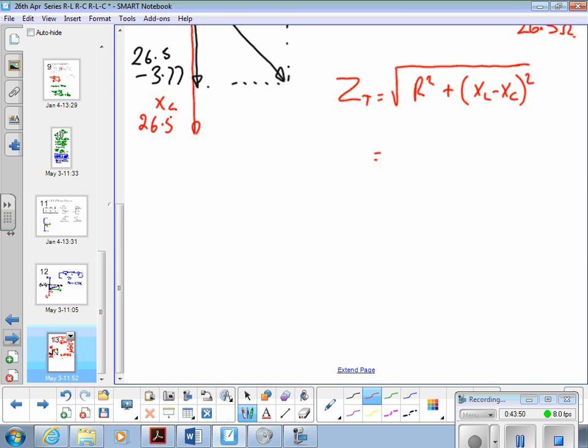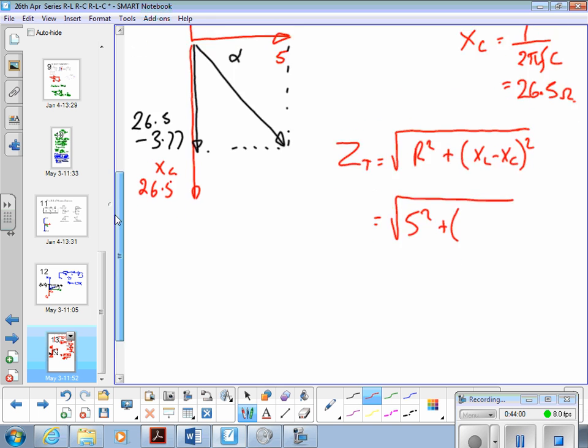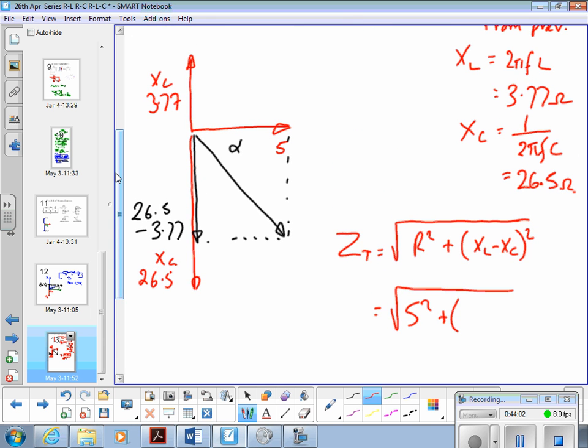So the square root of 5 squared plus 3.77 minus 26.5 all squared.